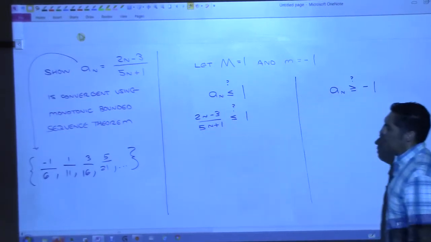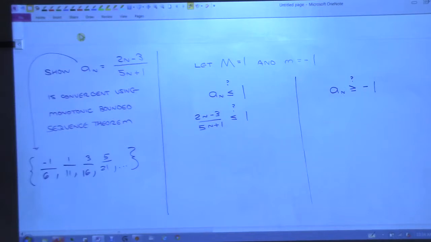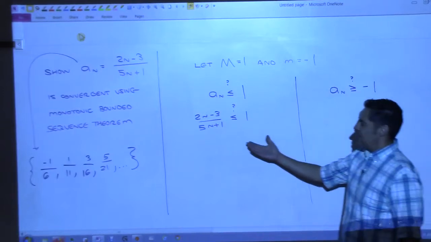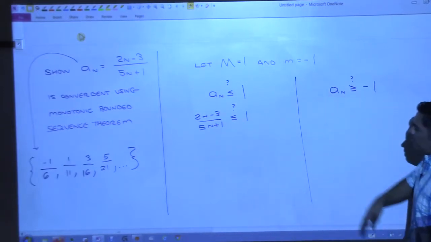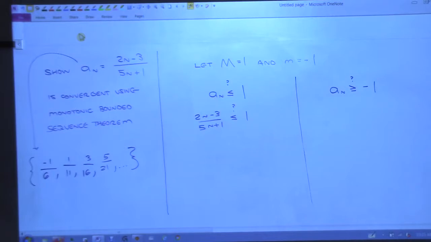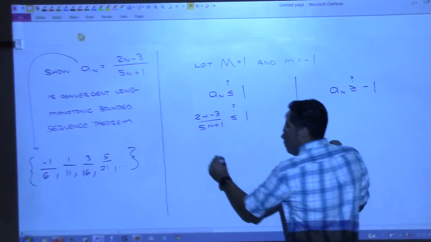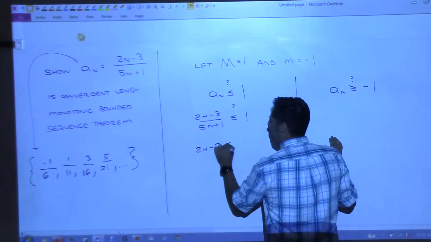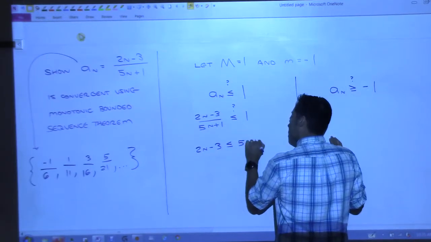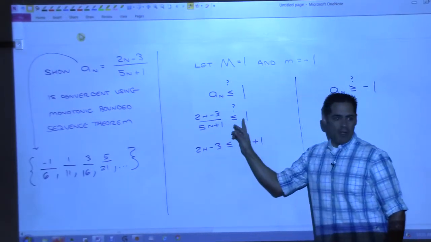Question. Well, now you get to just do some algebra. Start trying to solve for n. This is a linear inequality, or it's non-linear, it's a rational inequality, but still we can do it. Why don't we multiply both sides by 5n plus 1? If we multiply by 5n plus 1, we don't have to worry about flipping the inequality, do we?